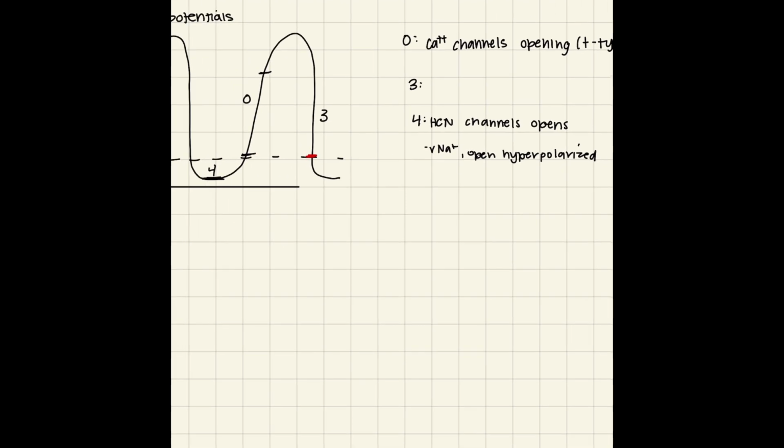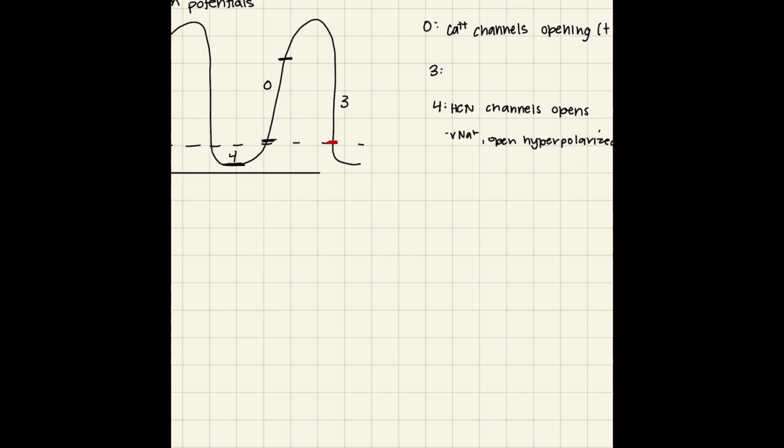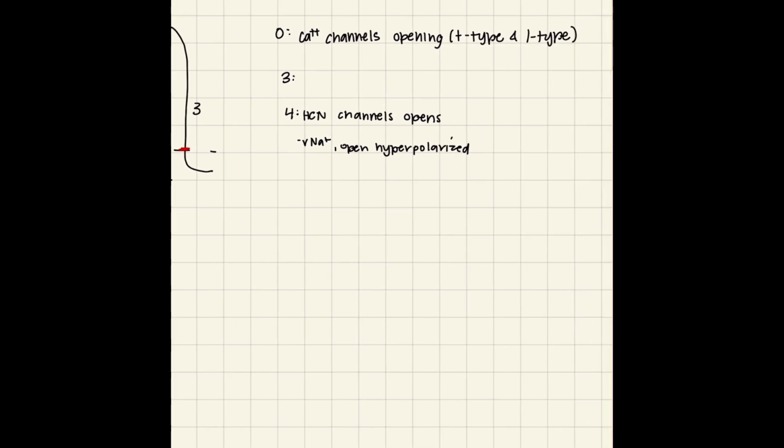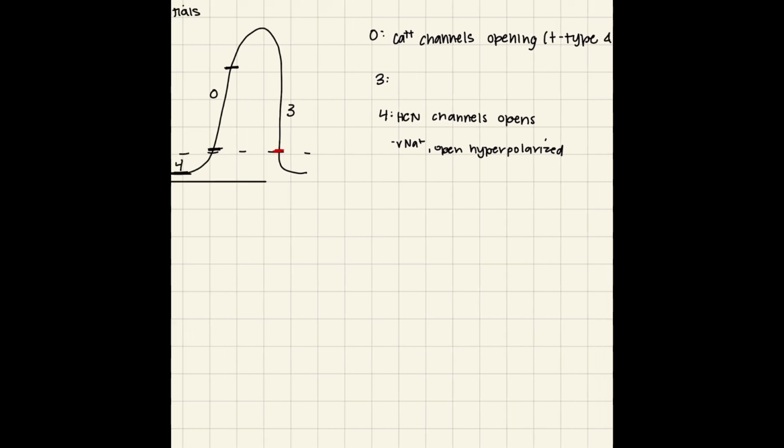The T-type open really fast, so they're the ones that open down here at threshold. The ones that open more up here are the L-type calcium channels. They're longer lasting and take longer to open, so they don't open nearly as fast. Hence the L-type.